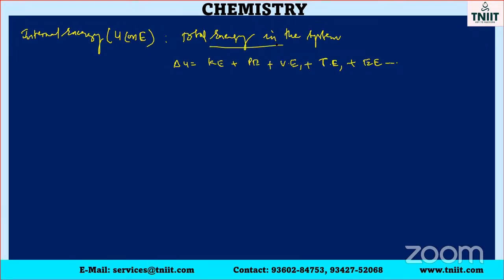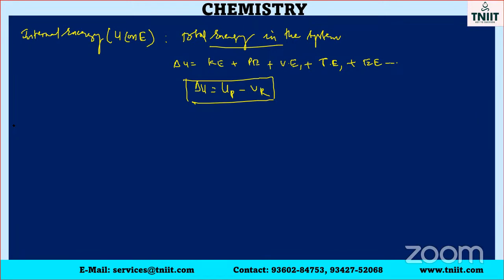It is difficult to find the internal energy, so change in internal energy is determined. Change in internal energy is given by the internal energy of the product minus internal energy of the reactant.